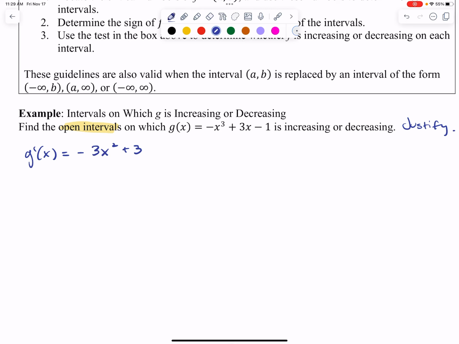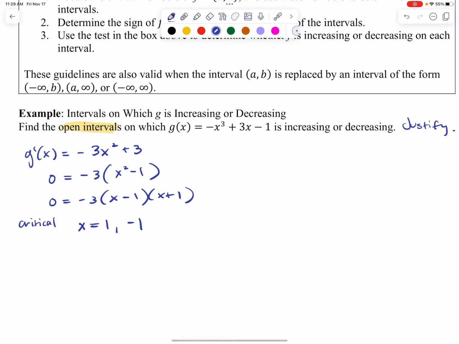G prime is a polynomial, so we're just looking for where g prime would be equal to 0 in order to identify the critical numbers. We can think about factoring out negative 3. So x minus 1, x plus 1 for what that factors to. So x equals 1 and negative 1 would be our critical numbers. Right, that's where g prime would be equal to 0.